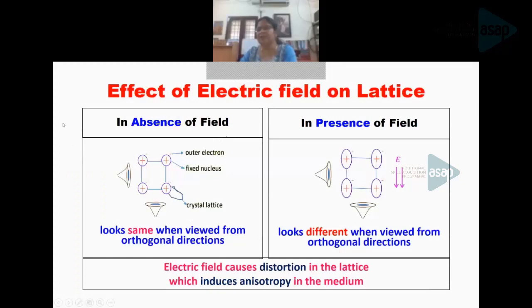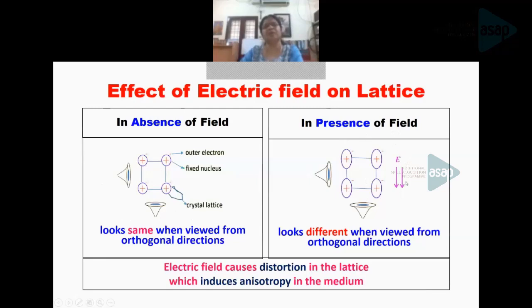Okay. Now let us see how the electric field is affecting a lattice. Here is a lattice in the absence of electric field, and here is the same lattice in the presence of electric field. Here you can see that the lattice is very symmetric when we view from orthogonal directions because there is no field. So the lattice is constant. It is very symmetric. But the same lattice in the presence of electric field will look like this.